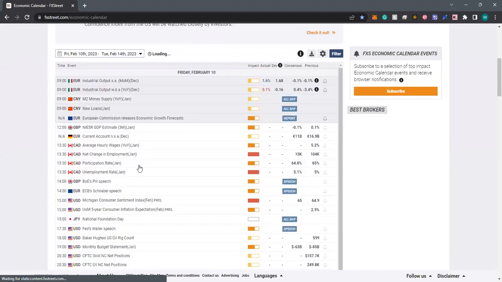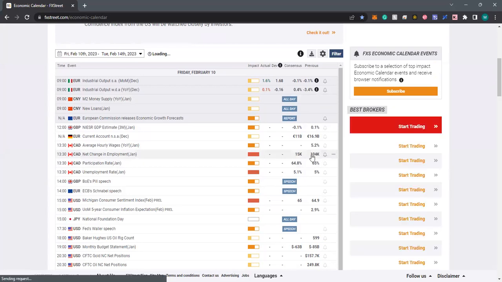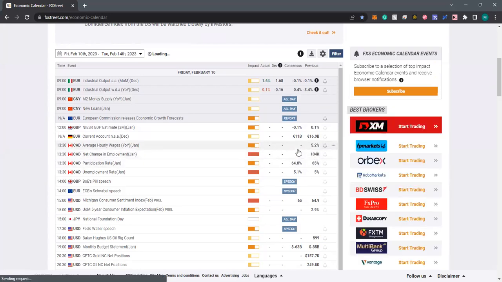Looking at what we've got here, again, I told you that whichever way the news goes, this is a very drastic difference between the previous and the consensus. It's almost 7 times less. So something is going to happen. We just need to work out what it is. The unemployment rate is not too much of a situation, but the net change is really a big thing. December was 104,000. They're expecting January to be 15,000.